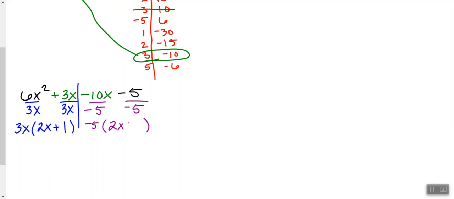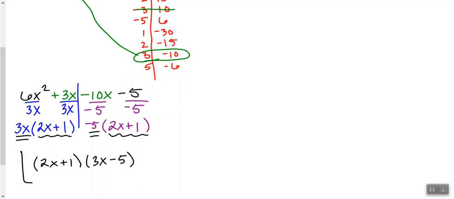Negative 5 divided by negative 5 is plus 1. I know I'm right because I have my parentheses matching up. So there's one answer, 2x plus 1. And then the GCFs create the second answer of 3x minus 5. And there's my answer.